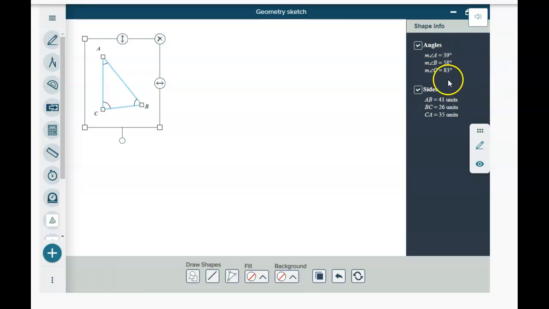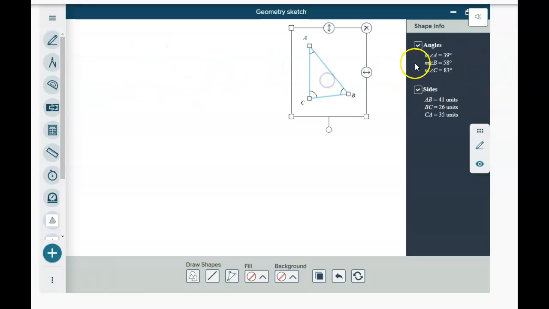All angles are less than 90 degrees, would be an acute triangle. So something where all angles are acute is an acute triangle. So notice all three angles are less than 90 degrees. I'm going to bring this over. Okay.